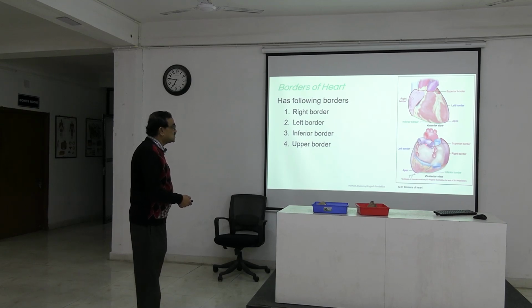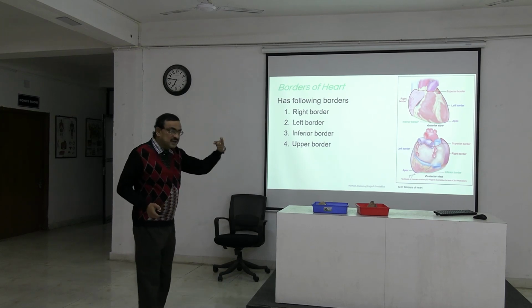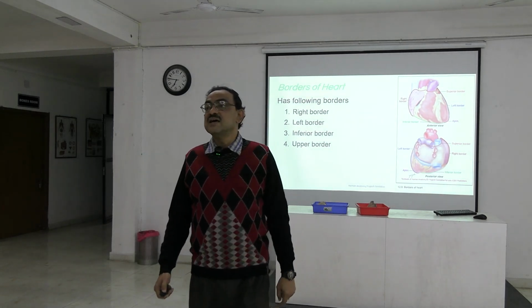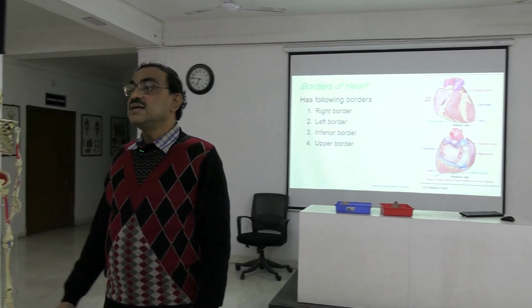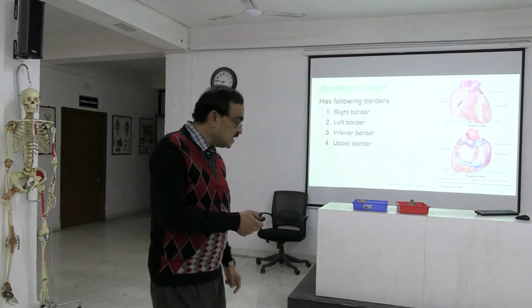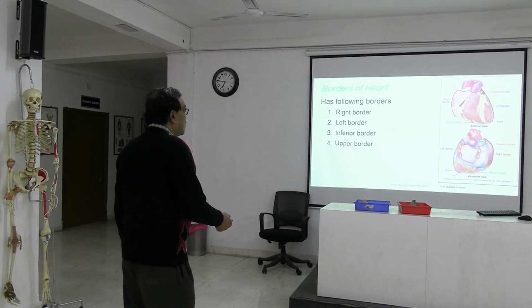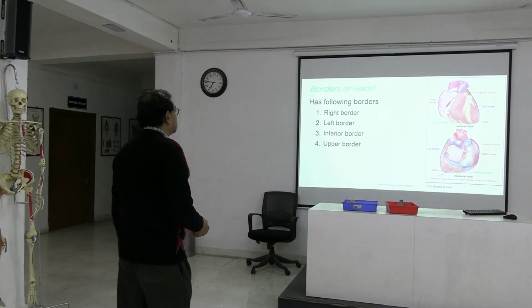The transverse sinus is in between, with the pulmonary veins and superior vena cava behind, and in front we get the aorta and the pulmonary trunk. We can insert our fingers at that place, that is the transverse pericardial sinus, and this other area is called the oblique pericardial sinus.